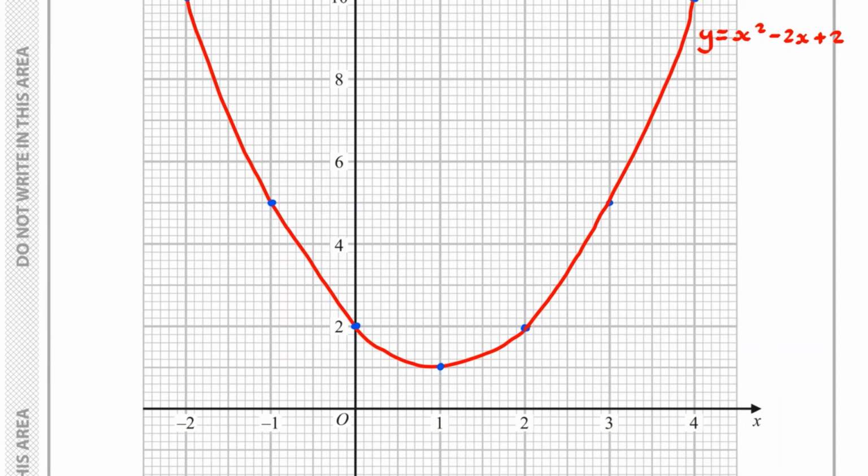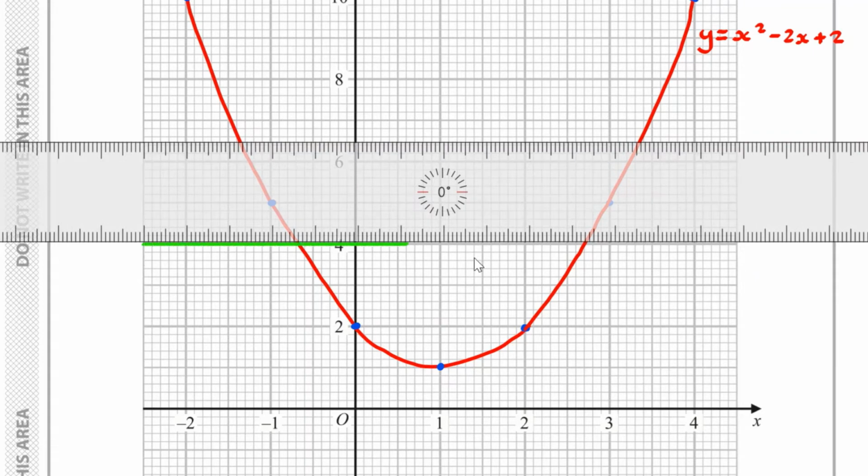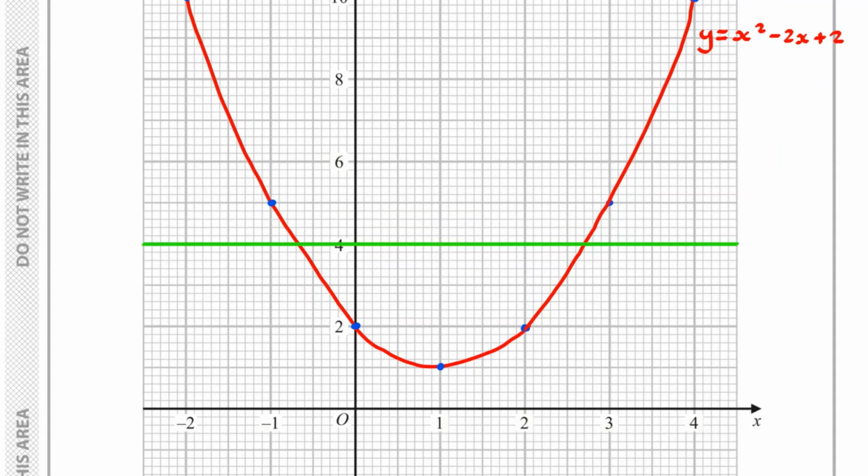To do this we need to draw the line y equals 4, and that line is shown over here. We have y equals 4 drawn, and then we read where the graphs cross each other.